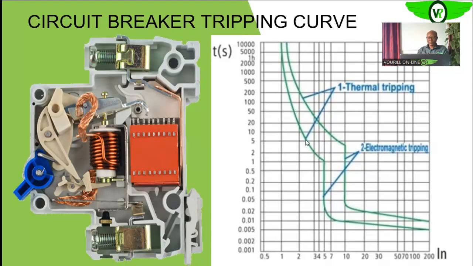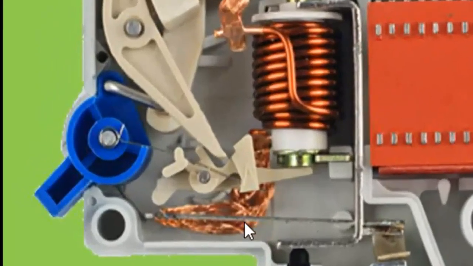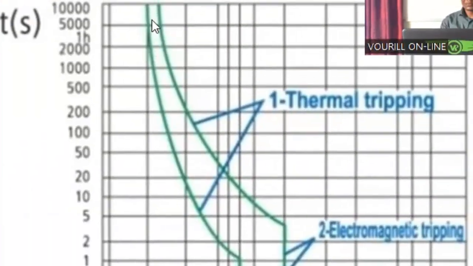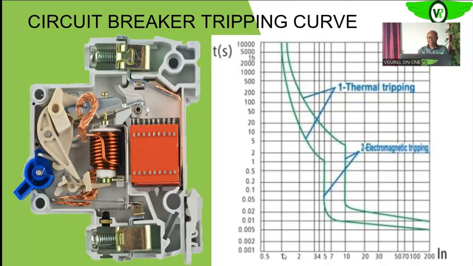So this part, the thermal element, the bimetallic strip, is responsible for this part of the curve. So you see that as you load the circuit more than the current carrying capacity of the circuit breaker, once you have overload, the circuit breaker will sustain that overload for some time and then cause the tripping of the circuit breaker.